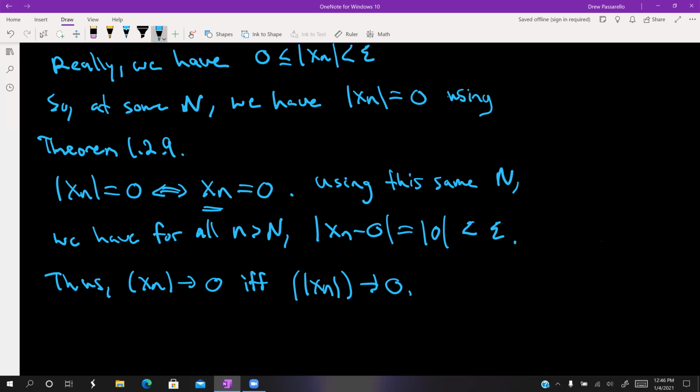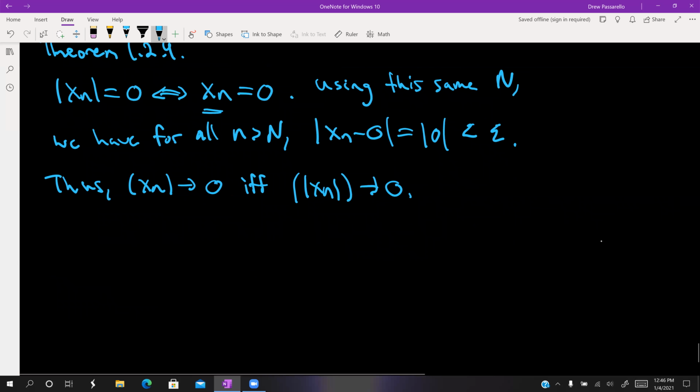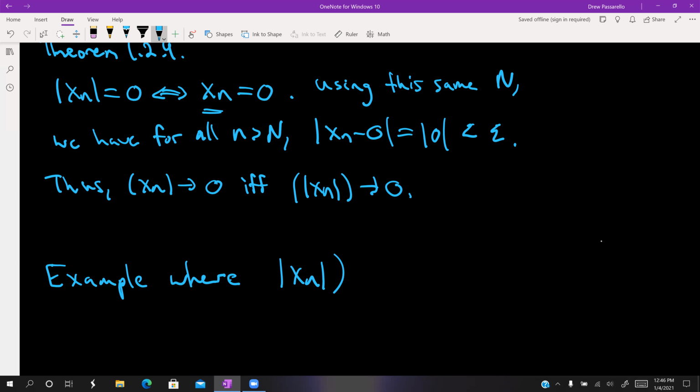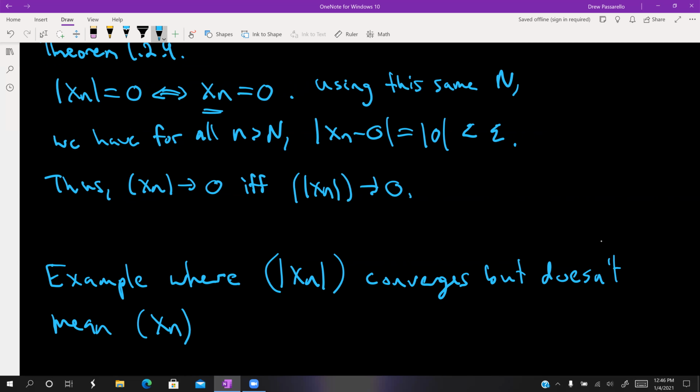Now the last bit of the problem is to give an example where the sequence of the absolute values of xn converges, but this does not mean the sequence xn converges.